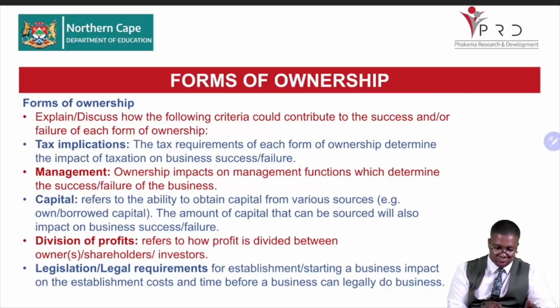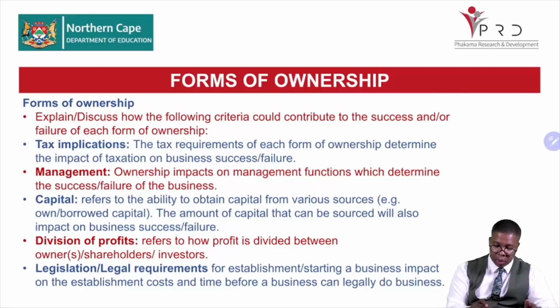So it's important to know tax implications, which deal with the requirements of each form of ownership, determining the impact of taxation on the success and failure of each form of ownership. Then management, we talk about the ownership in terms of management functions, to say who will manage the business and how it will affect the success and failure of each form of ownership.